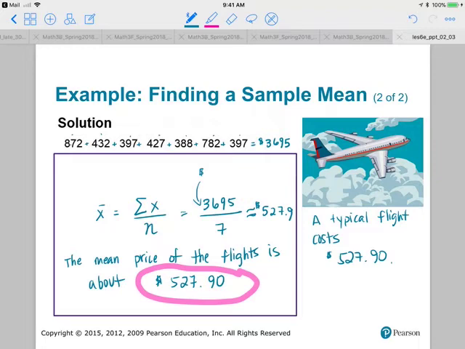Notice that there's not one single flight that actually costs $527.90, and that's okay, right? But what we're saying is, if we had to pick one number in the entire world to represent the cost of a round-trip flight, we would pick 527.90 based on this data here.